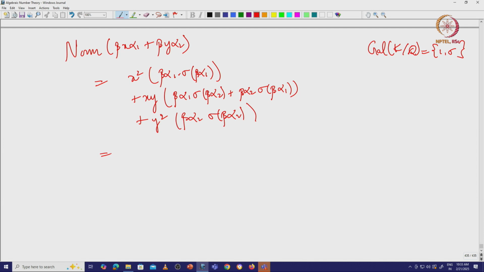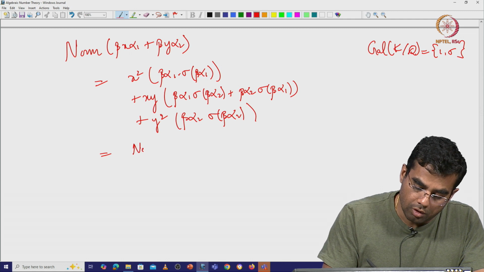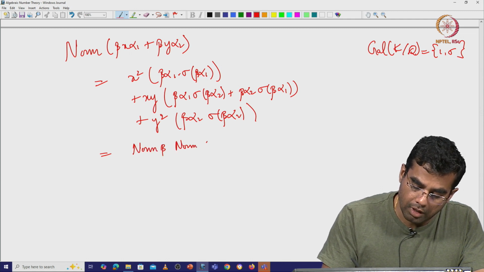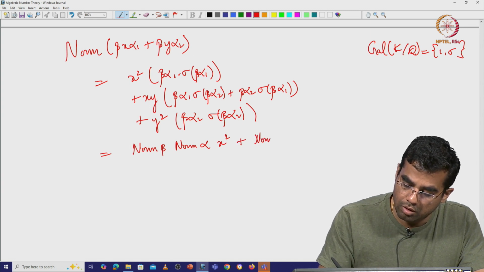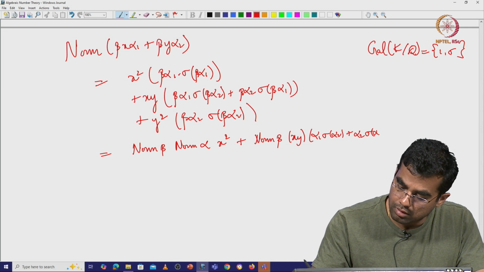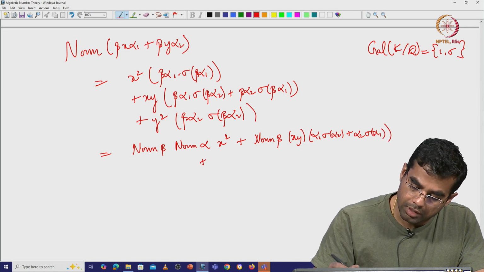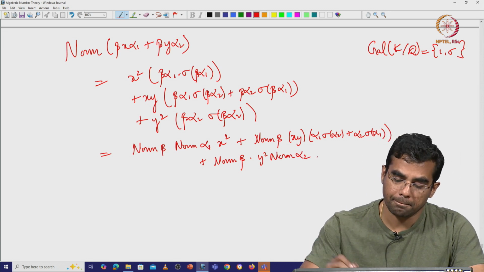If you write this out, then this becomes the norm of beta times x squared times the norm of alpha 1, plus the norm of beta times xy times alpha 1 sigma alpha 2 plus alpha 2 sigma alpha 1, plus the norm of beta times y squared times the norm of alpha 2.